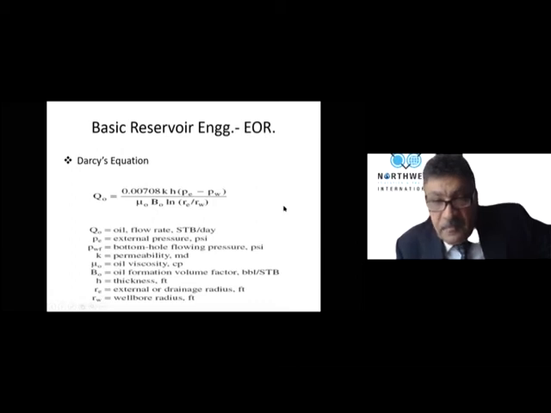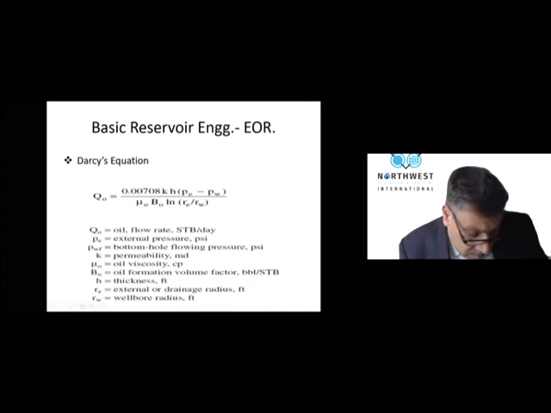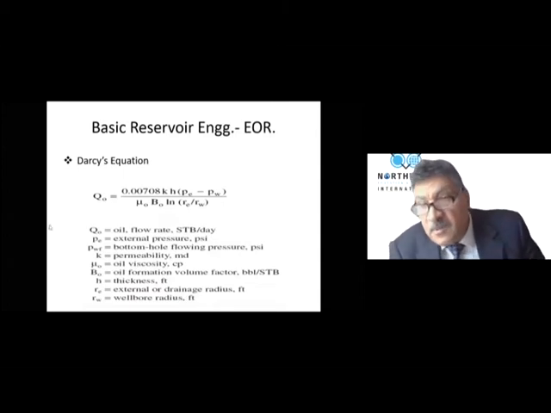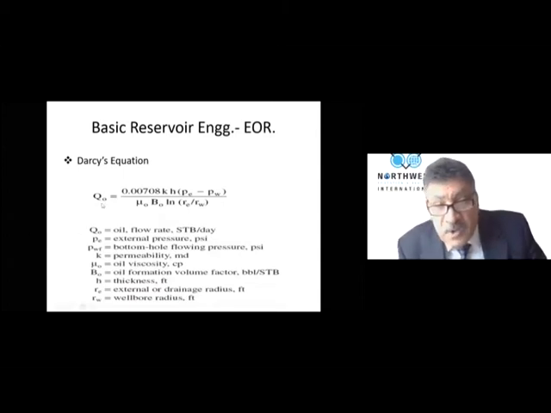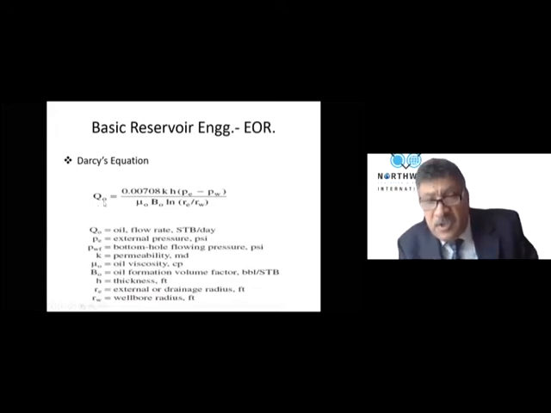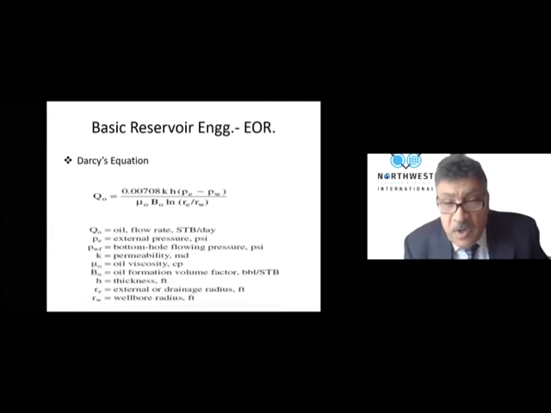What's your aim? Why do you do water injection? Why do you do gas injection? Why do you do enhanced oil recovery? In order to increase the production, I need to make Q large. Put the equation in front of you and ask yourself, what shall I do with this equation to make Q naught, which is the oil flow rate, high? STB stands for stock tank barrels per day of production.